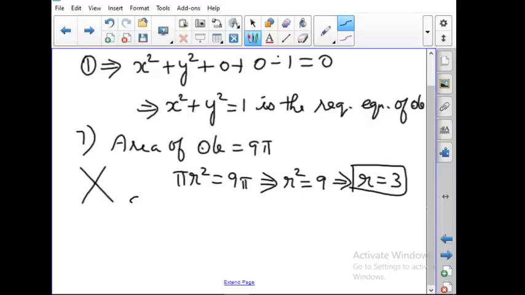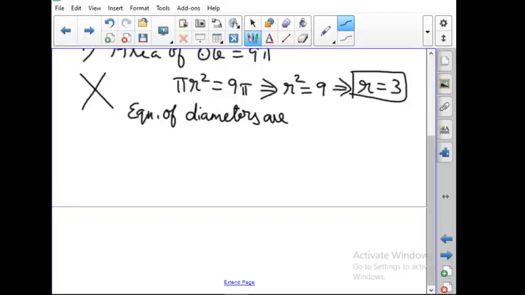The equations of the diameters are given as x plus y is equal to 5 and x minus y is equal to 1.